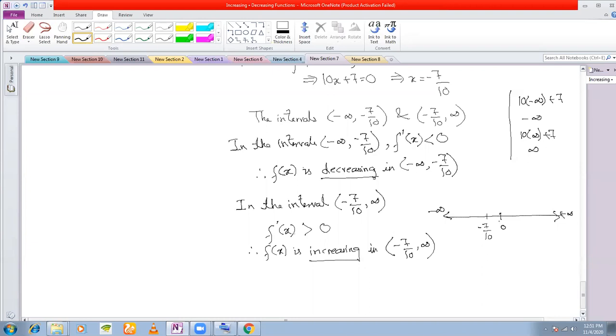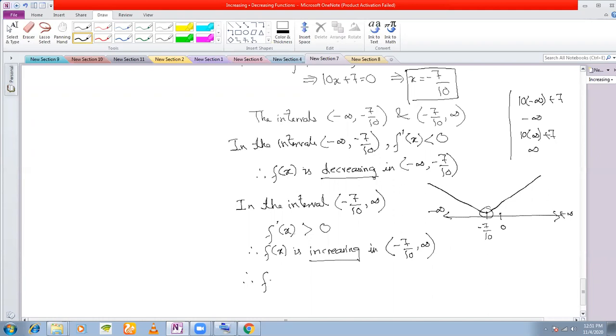In the interval minus infinity to minus 7 by 10 the function is decreasing, then it reaches this point and starts increasing. So this is my turning point. I've already got the x coordinate of the turning point, minus 7 by 10. We now have to get the y coordinate.